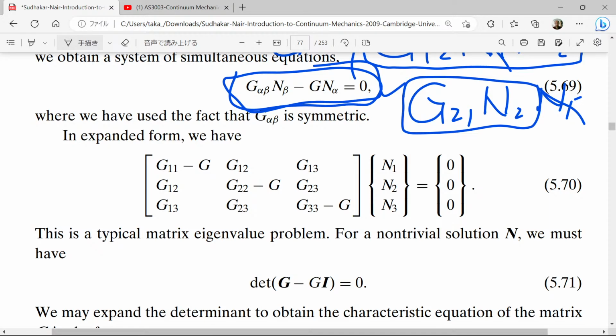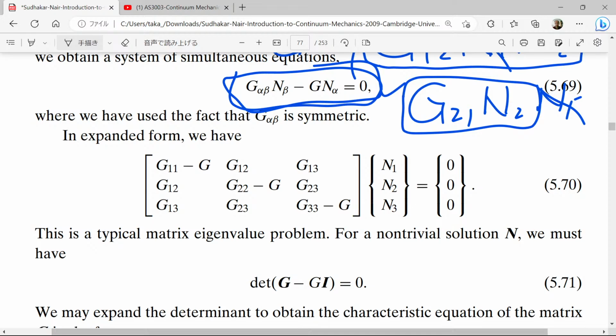So 1, 2, 3. It's 1, 2, 3. G111111. I don't know how we can obtain this. Alpha is also summation.